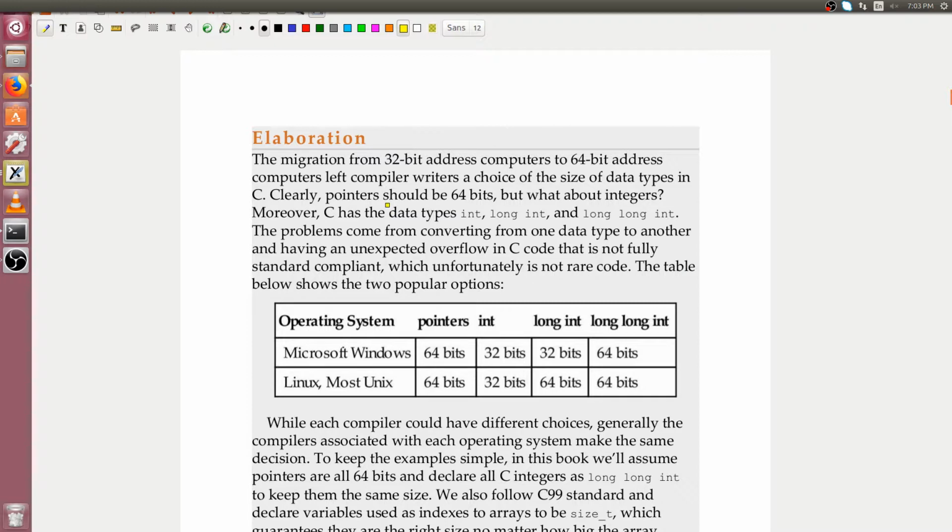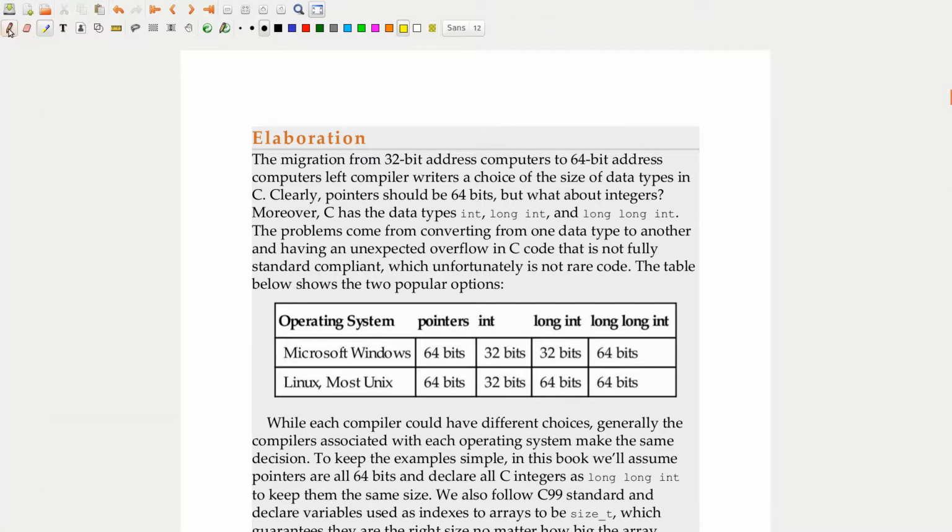Okay, here's another little fun fact about 64-bit machines. In a 32-bit machine, you have a virtual address space that is 2 to the 32. So this is 1K, 1 meg, 1 gig, 2 gigs.